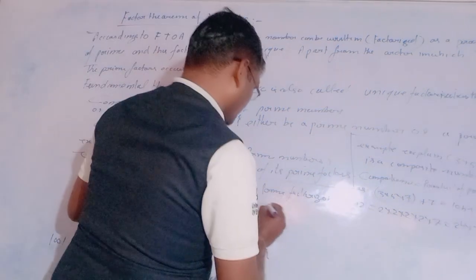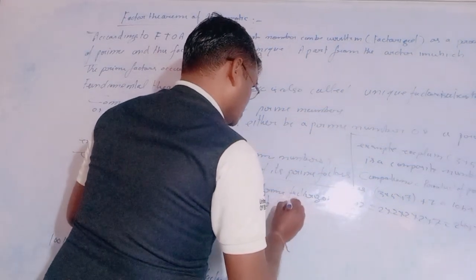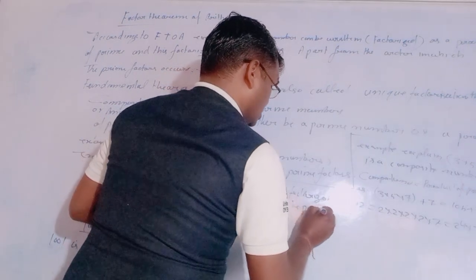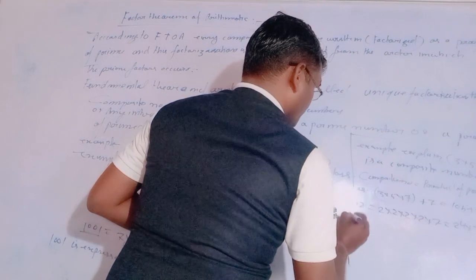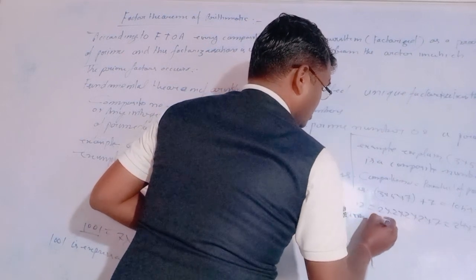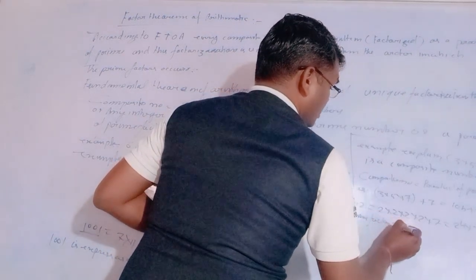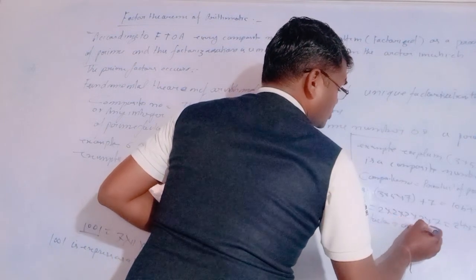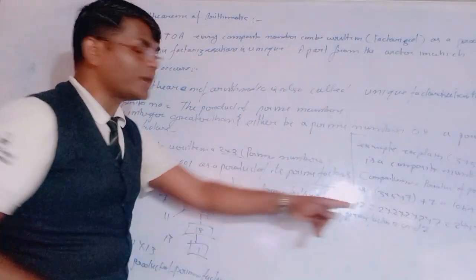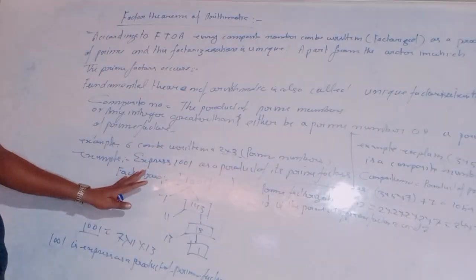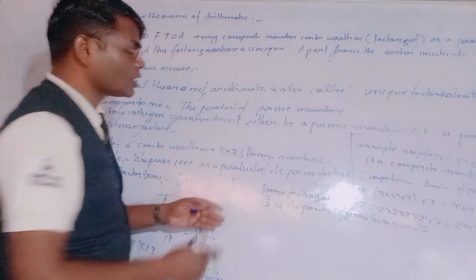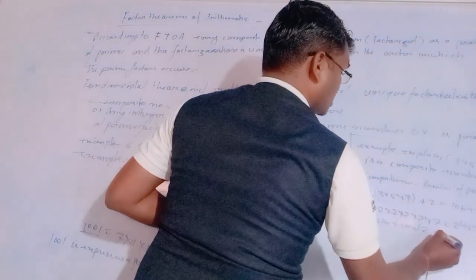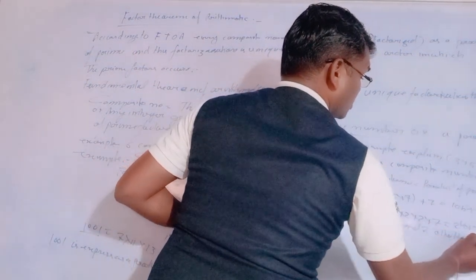So it is the product of two prime factors, 2 and 7, other than 1.